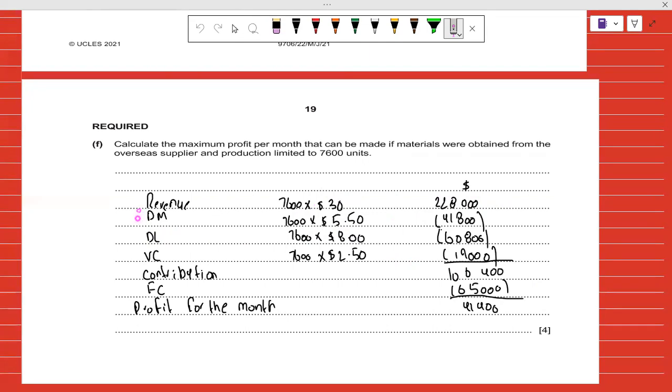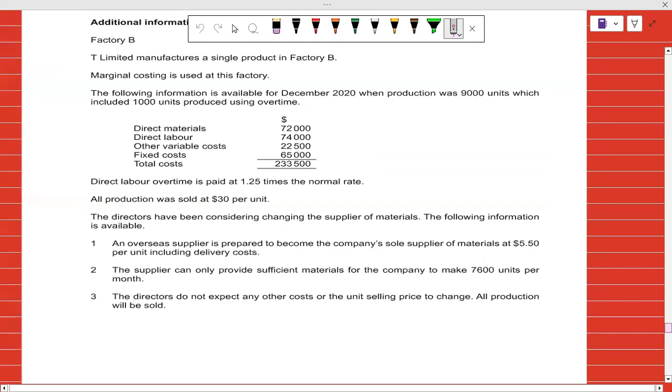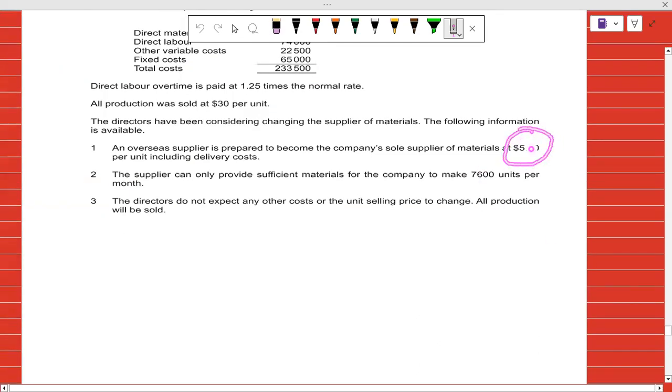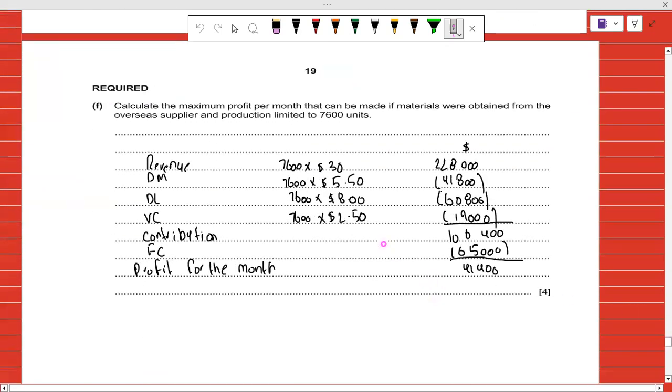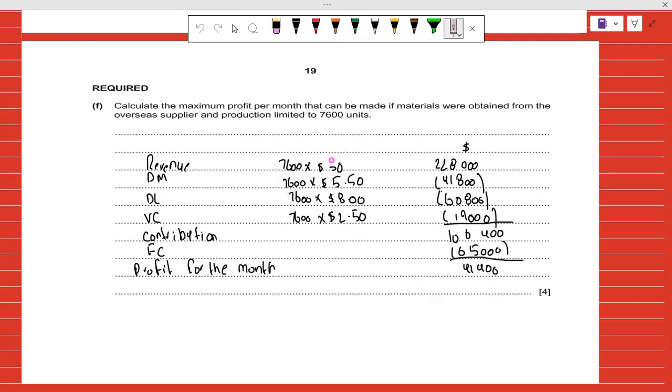Okay, so after that we have direct material, which is $5.50 per unit, as you can see. So we have to multiply this by 7,600, which is the production limit of the units.